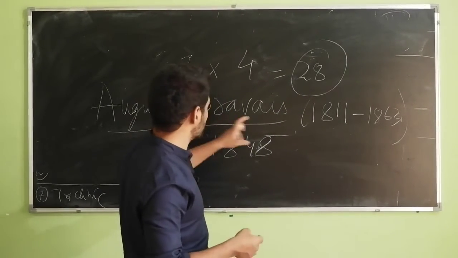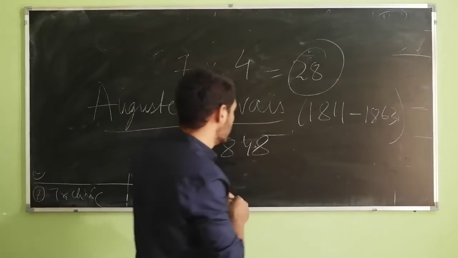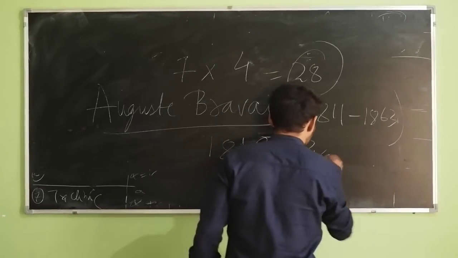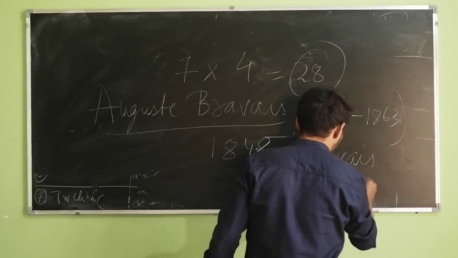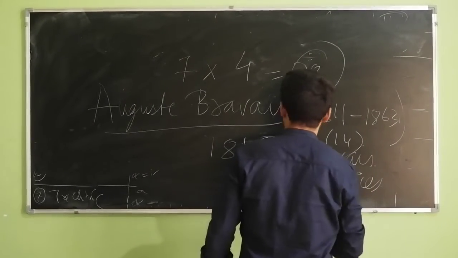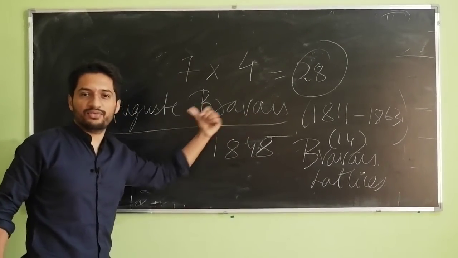So before that, in respect of Mr. Auguste Bravais, we named them Bravais lattices. So these 14 variations are what we call Bravais lattices. Remember, this is Bravais. That's the name. That's a French name.